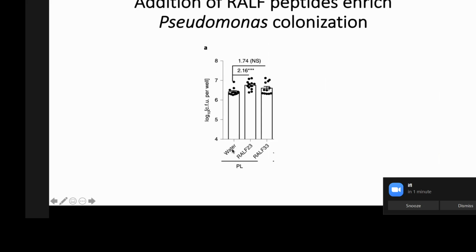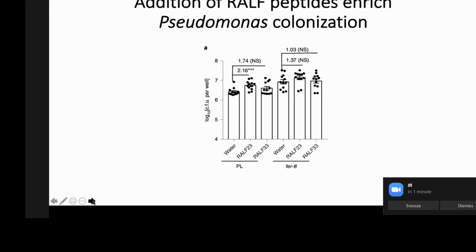So here is the parental line, Ralph 23, they see a significant increase in CFUs. For the Ralph 33, they didn't see any difference as compared to their vehicle control. For FAIR 8, for the Ralph 23, they saw no difference. And the same is true for the Ralph 33, right?